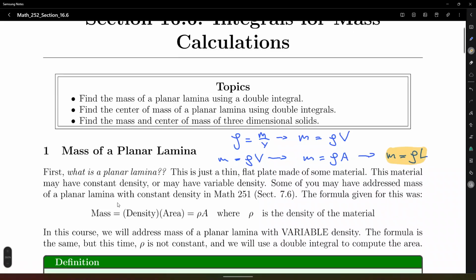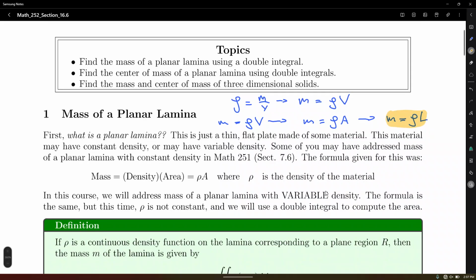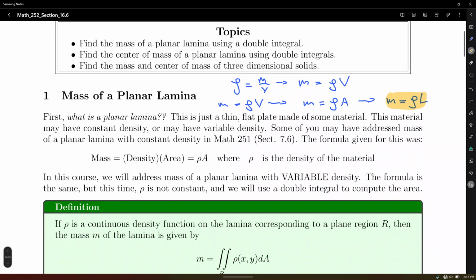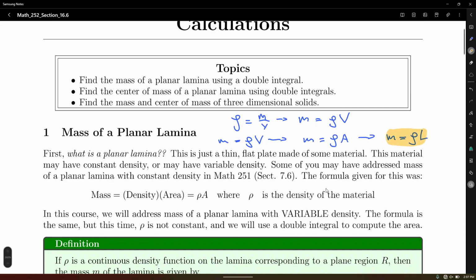So the mass is the density times the area, or the density times the length. In Calc 2, you learned how to find the mass of a thin wire of length given by a and b, where the function you integrated was the density function.